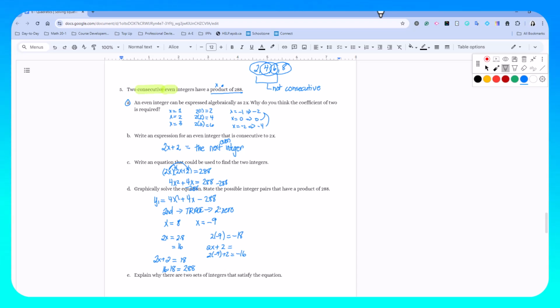And these are also consecutive. And if we multiplied those together, look what happened here. I mean, they're the same numbers. Here we have two positive numbers, 16, 18. Here we have two negative numbers, and they're still going to equal 288.